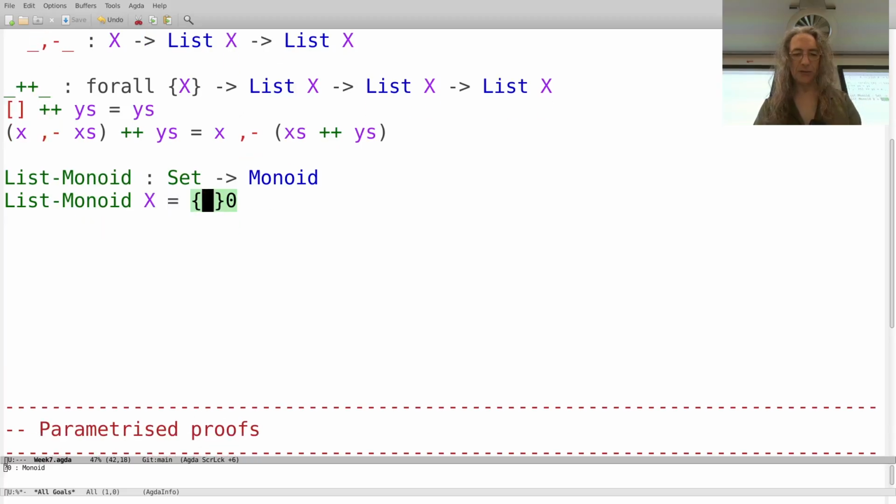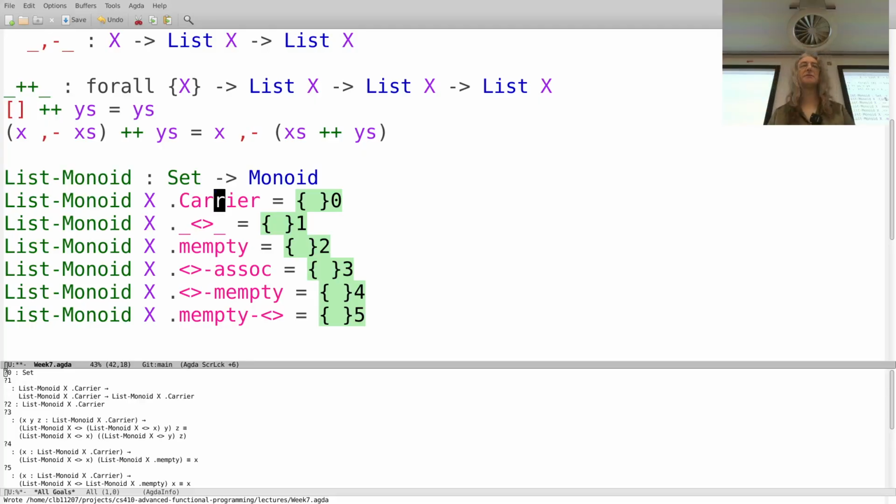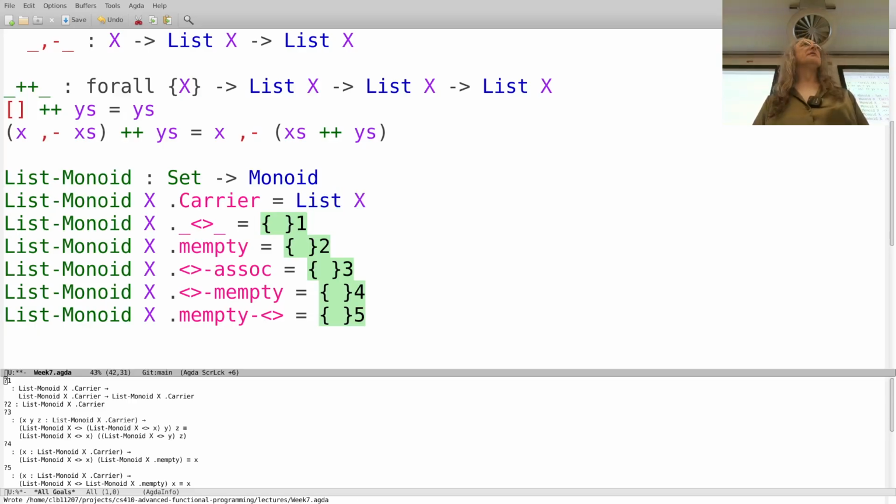That's nicer. So it's saying, okay, what are all the projections from this thing? But the good news is that I'm still on the left-hand side. I can still do left-hand side stuff, and we'll see that in a moment. So let's say, what's the carrier of my monoid? That is list X.